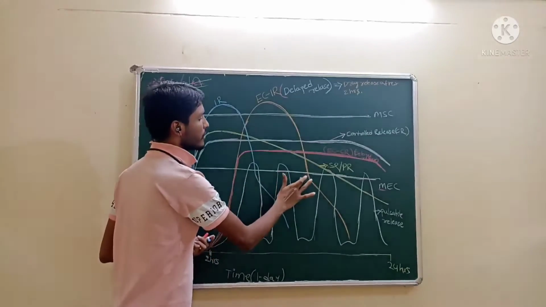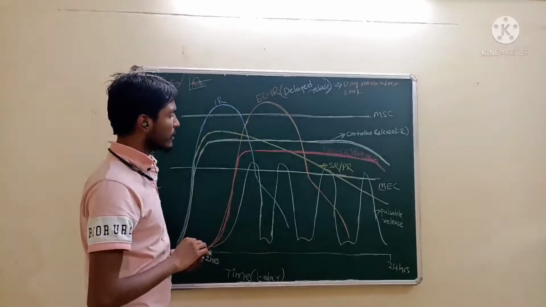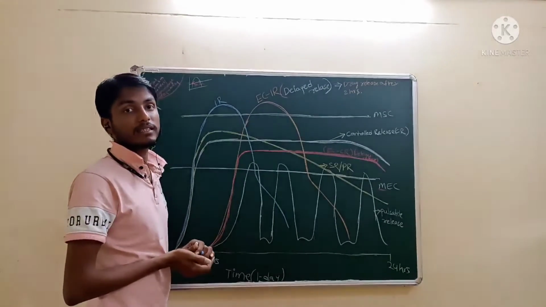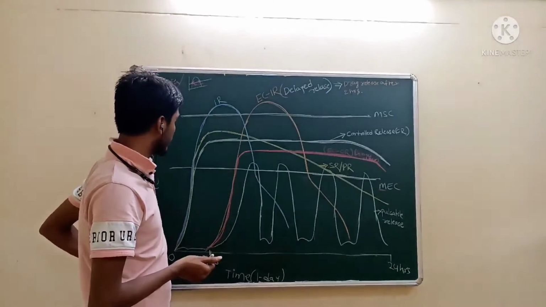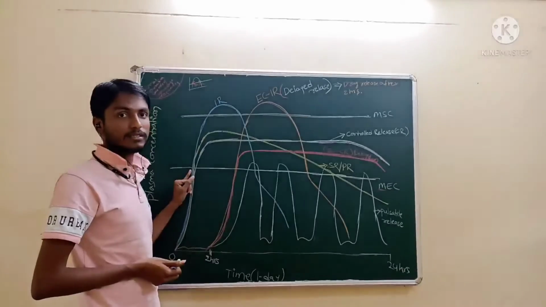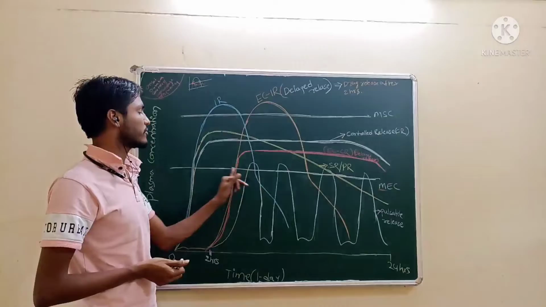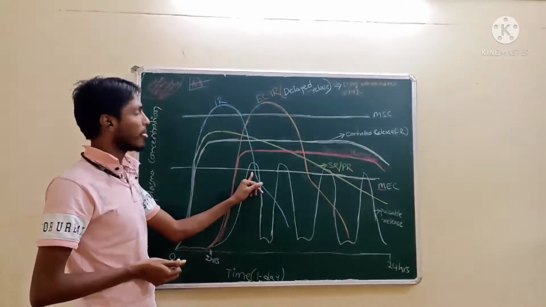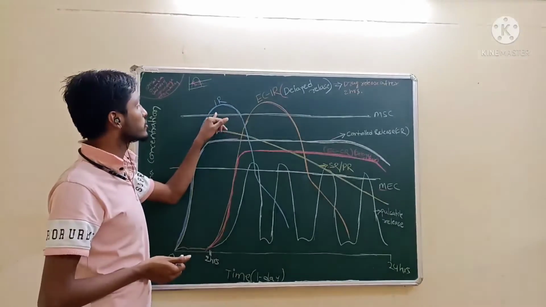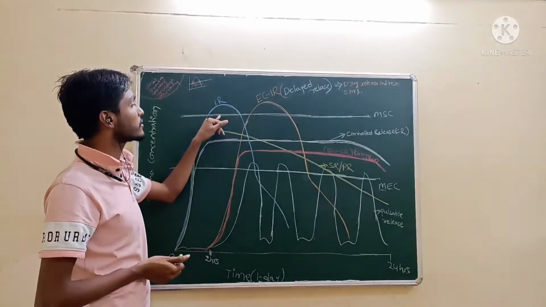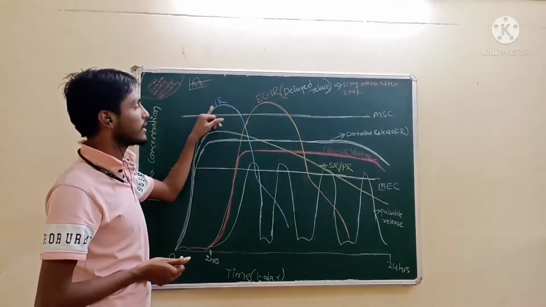See now what's happening: for the immediate release tablet, the onset of action is quick, the duration of action is this one, and this immediate release tablet shows dose dependent side effects, due to the crossing of this maximum safe concentration.